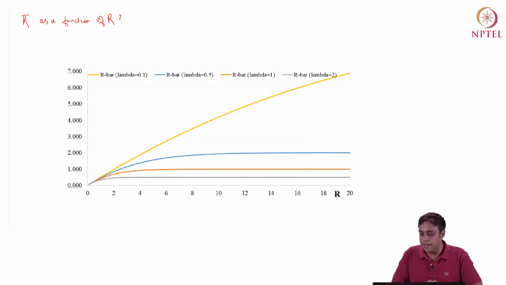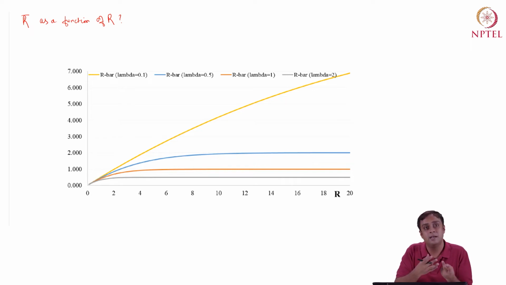What you see on your screen is a plot of the R bar value as we change the value of R. There are two variables in this distribution. One is lambda, which is the rate of occurrence of location markers in the city.